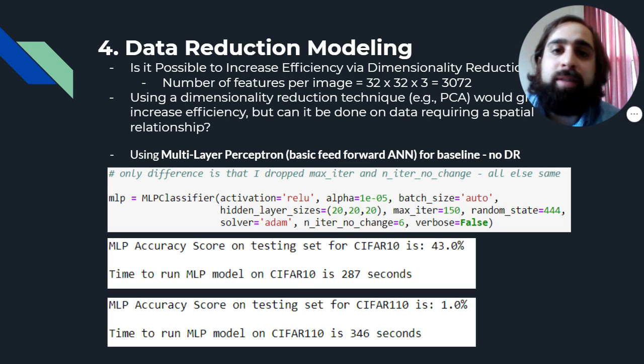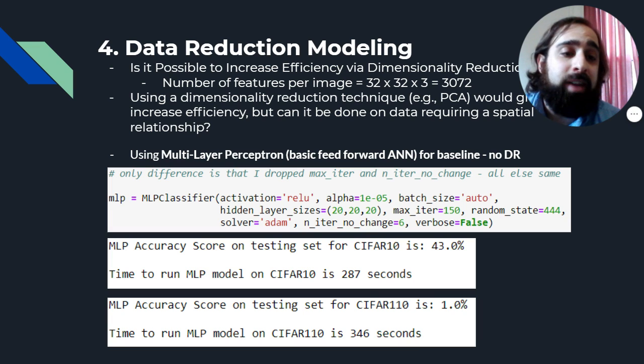So I had mentioned a number of times thus far that convolutional neural networks are very complex, and complex models demand a lot computationally as well as just temporally. It just takes a lot of time to train these kinds of models. So even though in the grand scheme of things, 32 by 32 by 3 isn't that large of a resolution, 3072 images, I'm sorry, 3072 features isn't that much in the grand scheme of things.